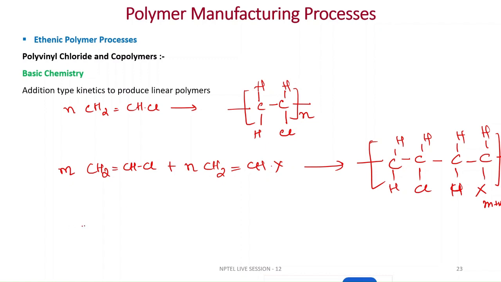So m is generally greater than n, and here the X group is nothing but comonomers.